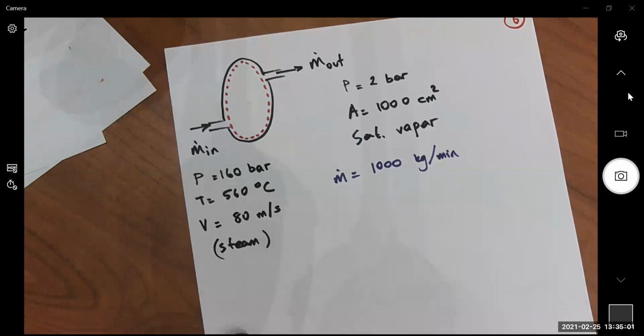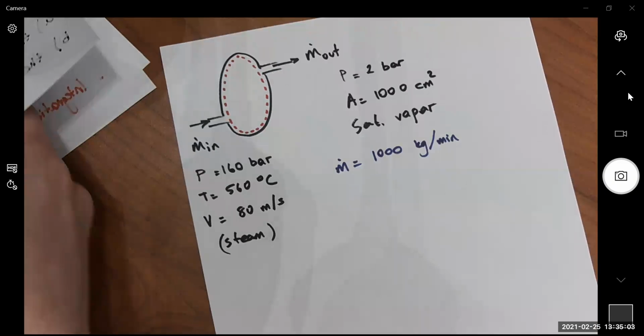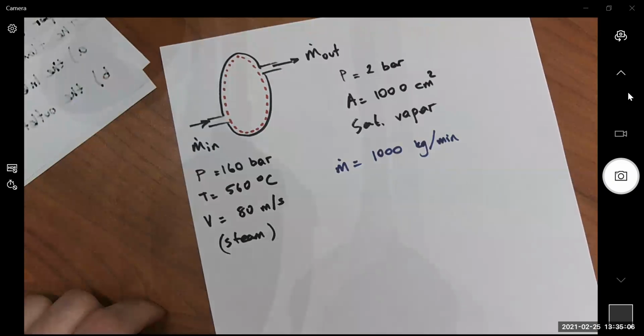So let's begin by looking at the tables. We need to read our properties from the table. If you want to double check, you can use your tables and see if you can find those properties.